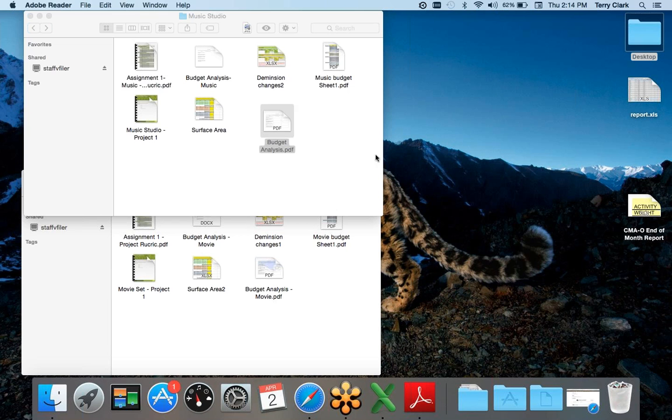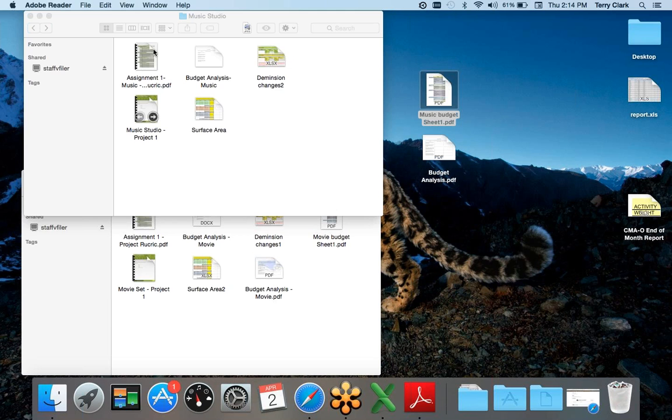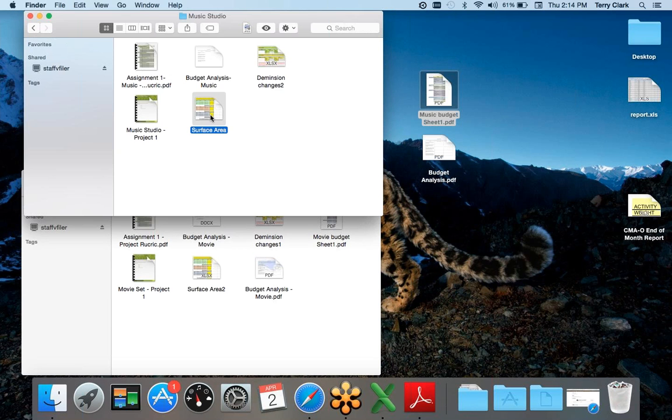Let me pull these out of here because these were PDFs that I created for someone else. When I look here in the music studio, I see that I got a surface area worksheet, a budget analysis worksheet, and a dimensions change worksheet. So I got three worksheets.